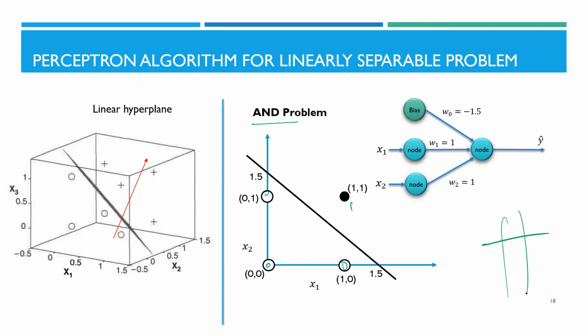A very famous AND problem: x1, x2, output: 0, 0, 0; 0, 1, 0; 1, 0, 0; 1, 1, 1. If we draw this picture, we can easily see that to classify the data is very easy. We can just draw one line, and the data are well separated, because in this area the data is 0 and in this area the data is 1.